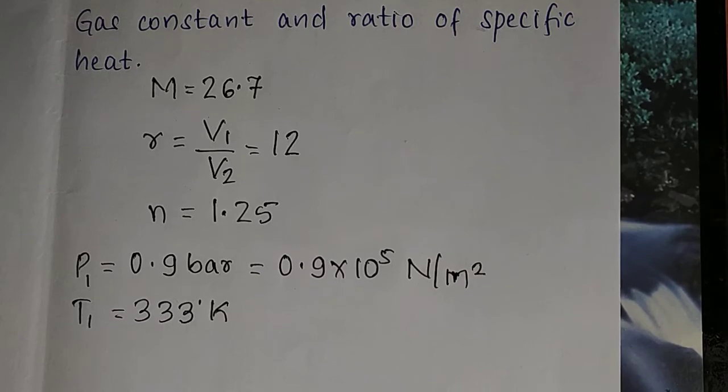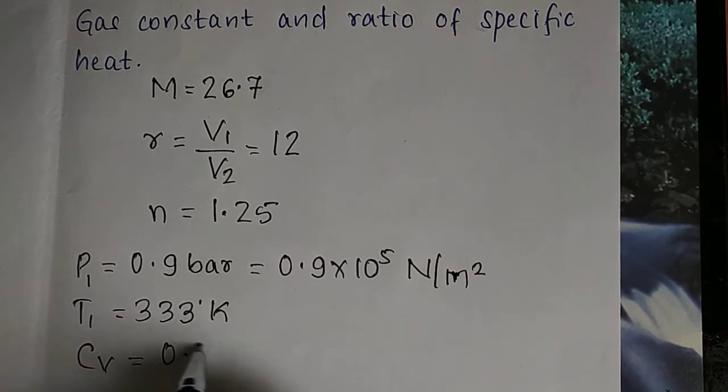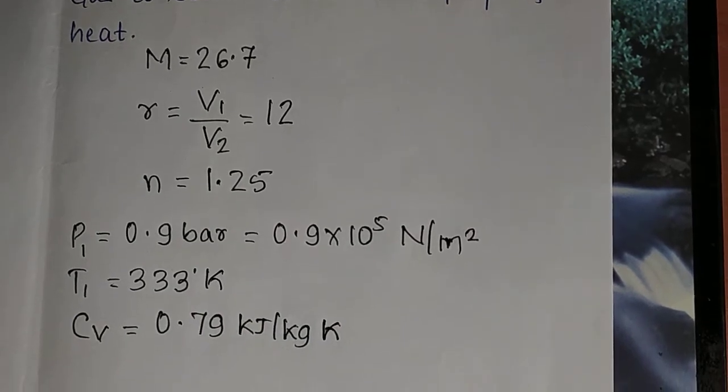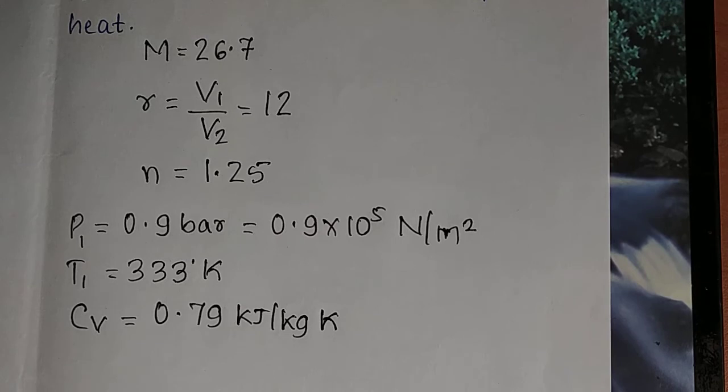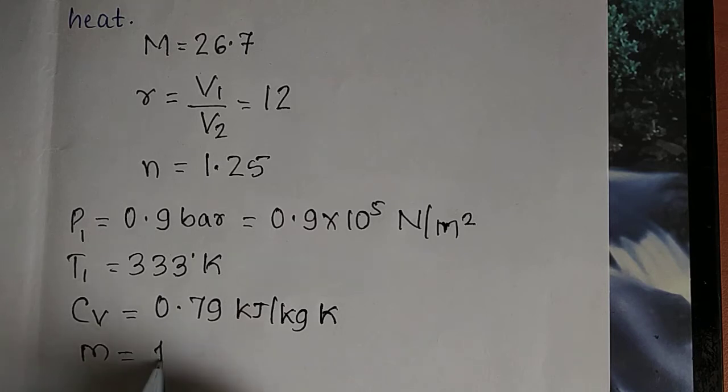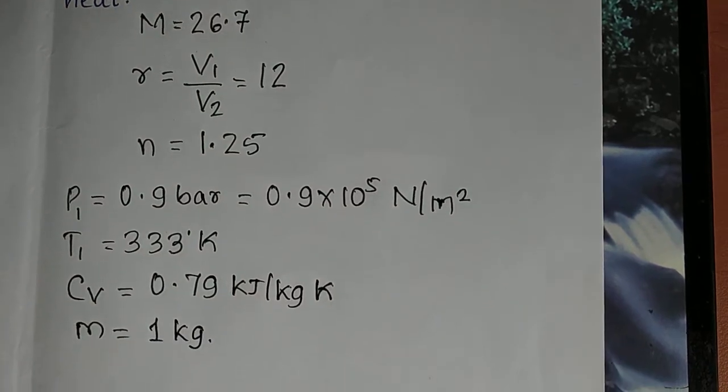Then he has given us the value of CV, which is 0.79 kilojoules per kg Kelvin. Then mass is 1 kg, small m equal to 1 kg. So these are the things given in the problem.